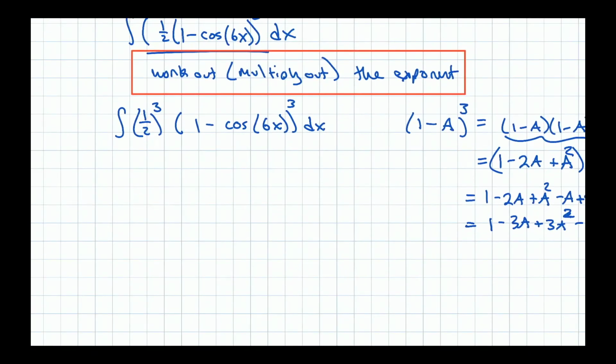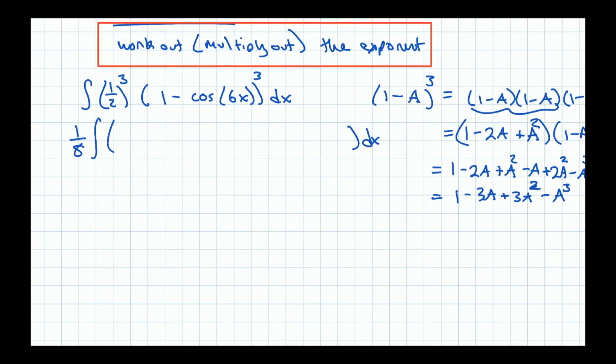Now that's a lot of work, but if we come back over here, what we're going to do with it is this 1/2 to the 3rd power is 1/8. And then you've got the 1 minus cosine 6x cubed. But the cosine 6x cubed was what I called a over here. So if I write it out, it'll be 1 minus 3a, which is 3 cosine 6x.